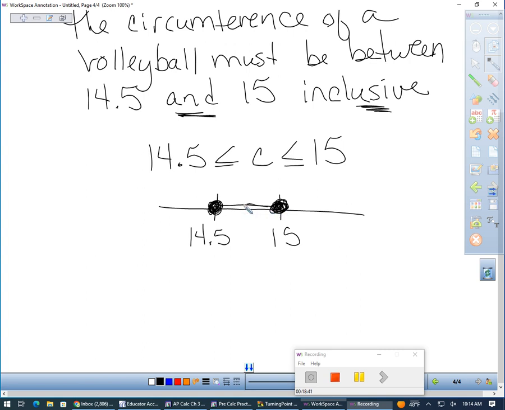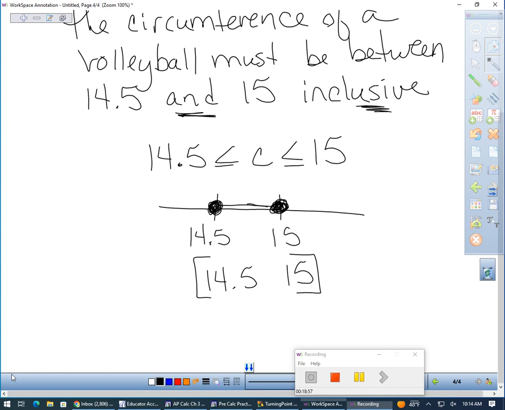So does that fit that it must be between 14.5 and 15? Absolutely. If I were to write interval notation for this, it'd be a bracket, 14.5 to 15 with a bracket. All right, any questions? Okay.